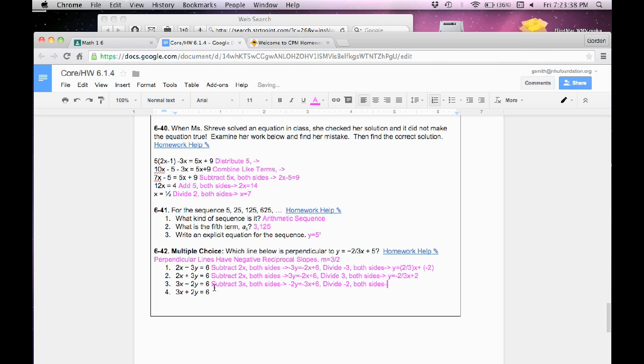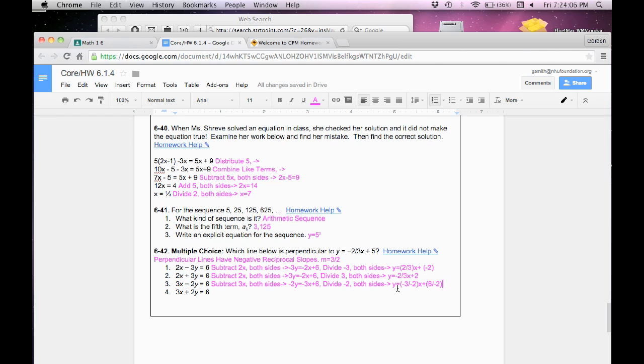And what that will yield is y equals, first we're going to have negative 3 over negative 2 x plus, and then we have 6 divided by negative 2.